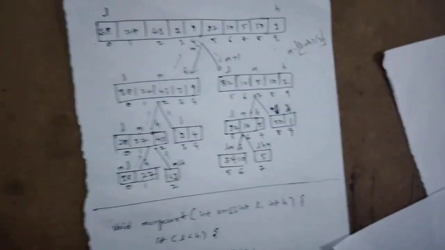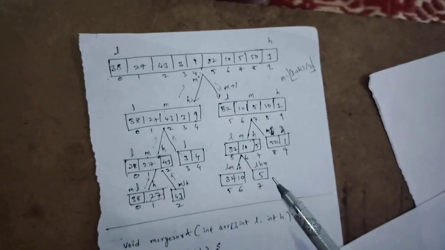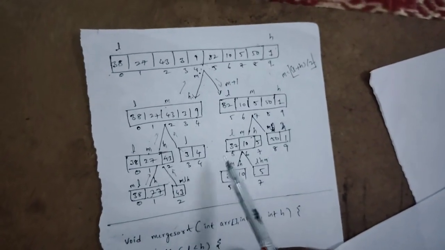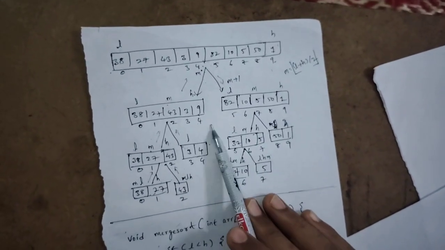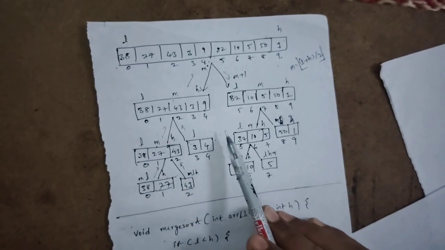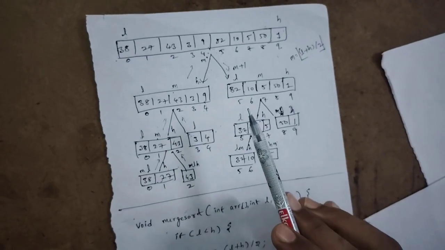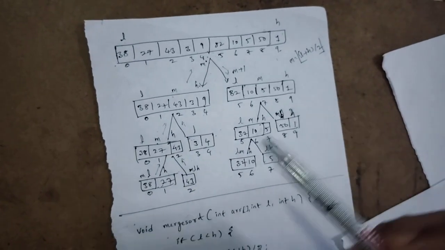Okay, I will first explain how to divide it. Forget the merging for now. The merging process is merging and sorting at a time. It has some code, and I am going to explain how to divide it first.